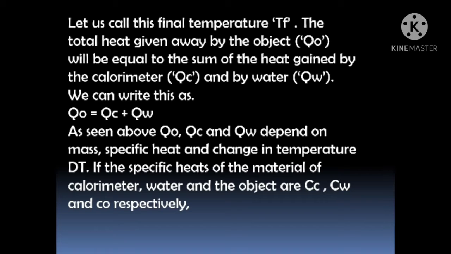Now students, we know that. We have learnt it before. Q equals M multiplied by delta T multiplied by C, where Q is heat, M is mass, delta T is the change in temperature, that is final minus initial temperature, and C is the specific heat. And if we consider Qo, what will happen?